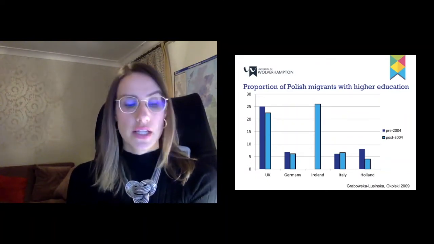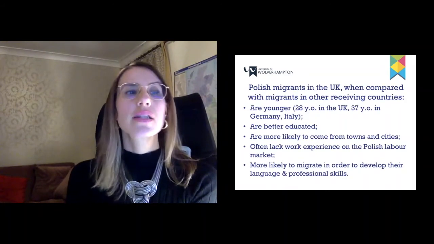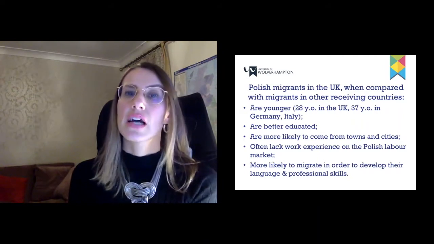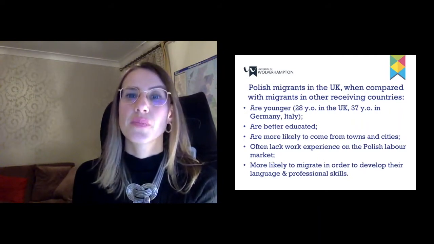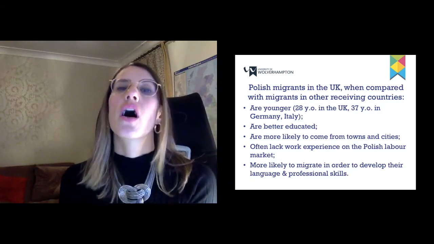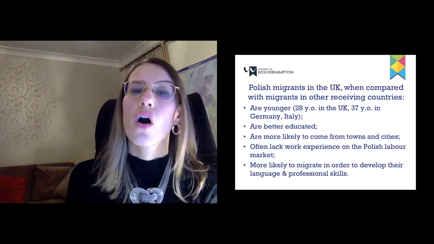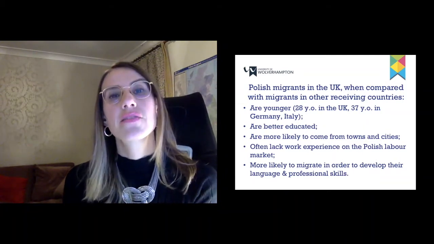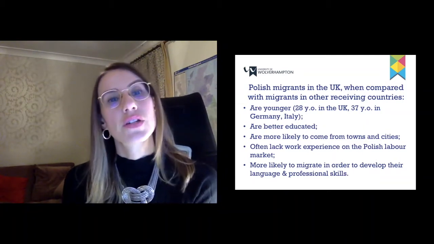To summarize what we have seen on these charts, Polish migrants in the UK, when compared to migrants in other receiving countries, are younger, with an average of 28 years old in the UK and much more, 37 years old, in Germany or Italy.